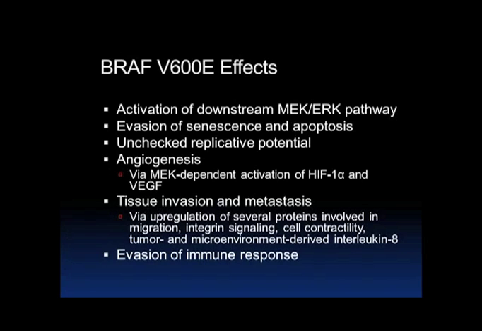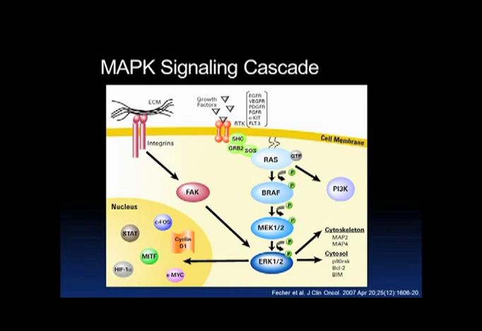It also causes angiogenesis via MAPK-dependent activation, and tissue invasion and metastasis, as well as evasion of the immune response. Now, just as a side note, and I'm not going to talk about that much, the V600E is also found in benign nevi, just for people who are not that familiar with it. Nevertheless, it has been something that has been heavily targeted in therapy for melanomas.